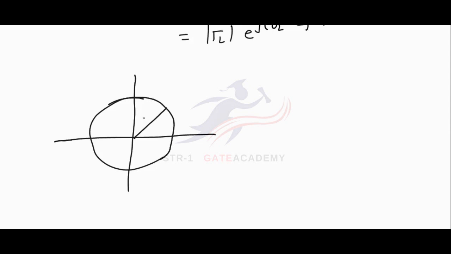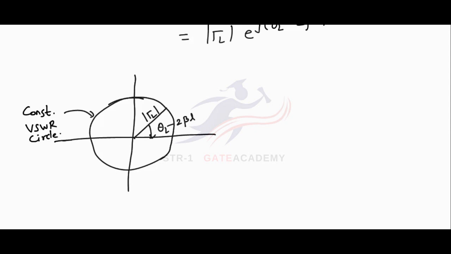In this circle, the radius is mod of tau L, and this angle is theta L minus 2 beta L. This is called a constant VSWR circle.